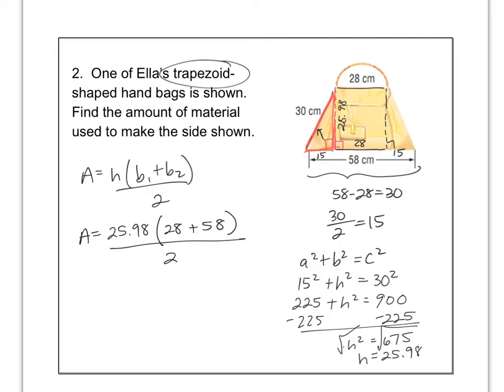When you grab your calculator, type in 25.98, parenthesis, 28 plus 58, close the parenthesis, and then divide by 2, and then equals. If you do it correctly, it should be 1,117.17, and it's centimeters squared because it's an area.